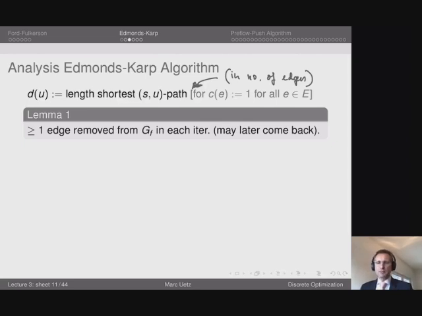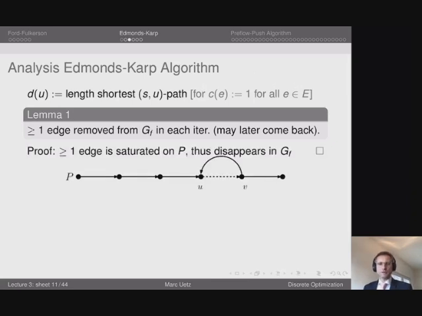It may later come back in the residual graph if we find an augmenting path later on that uses this edge in the opposite direction. But in each iteration, at least one edge will be removed from the corresponding residual graph. So here's a picture that supports this claim. If we send the maximum amount of flow through such an augmenting path from S to T, there will be at least one edge which gets saturated.